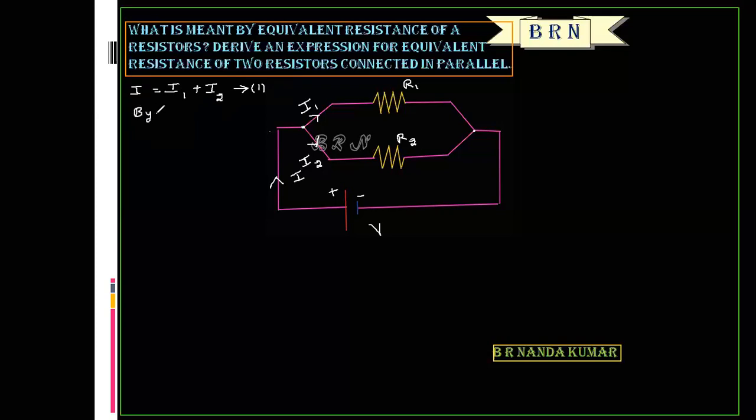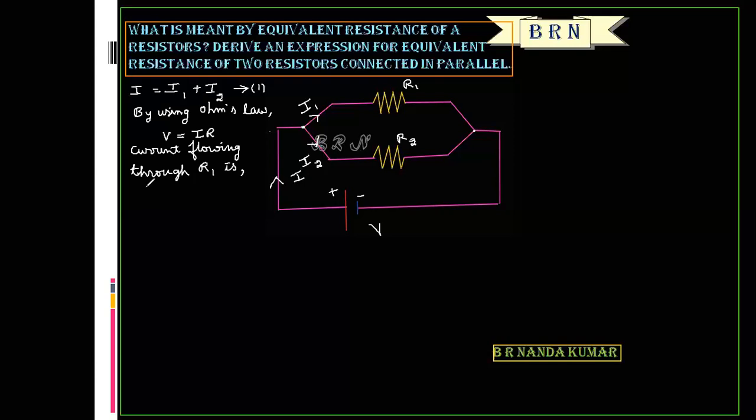Again using Ohm's law, V is equal to IR. So what amount of current is flowing through R1?